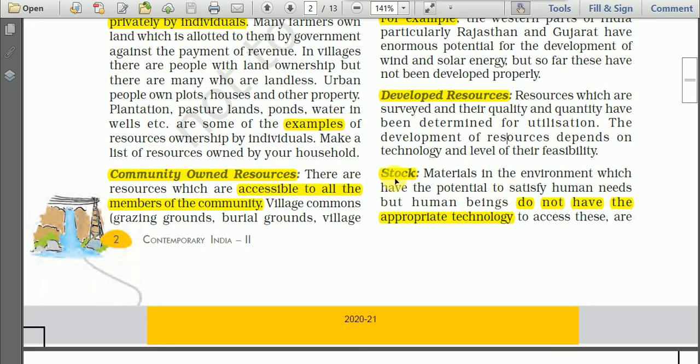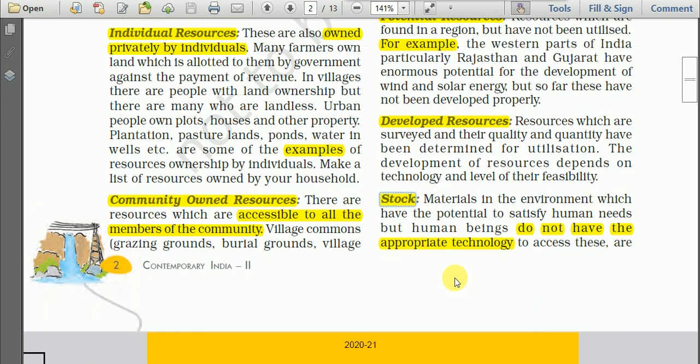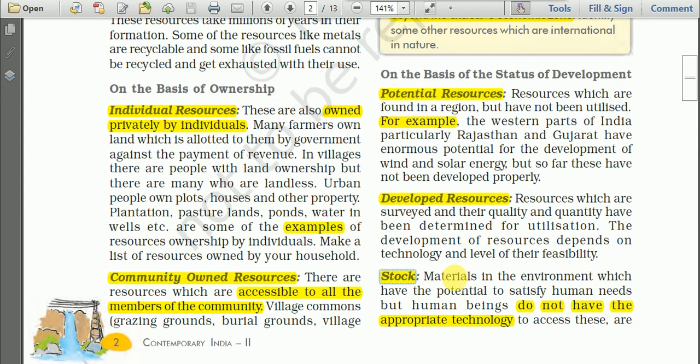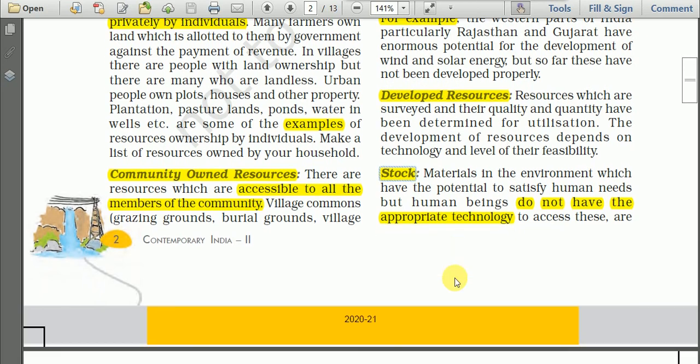Next, we have stock, the third type of resources based on the status of development. Materials in the environment which have the potential to satisfy human needs, but human beings do not have the appropriate technology to use these, are called stock.